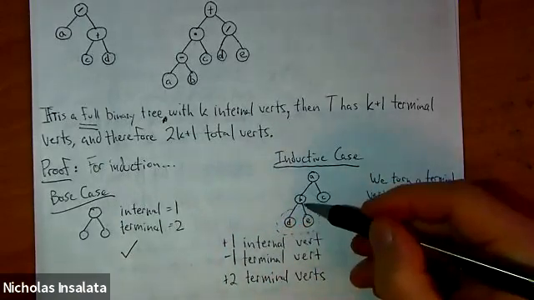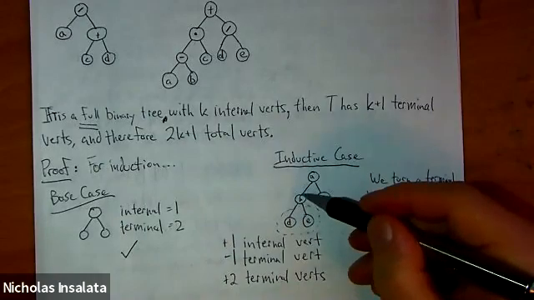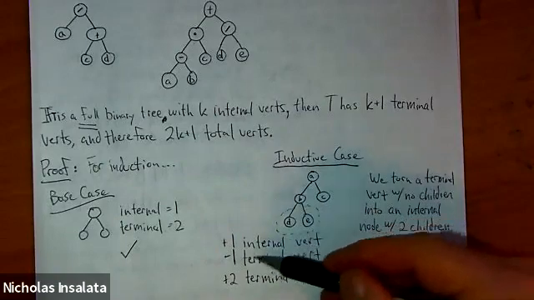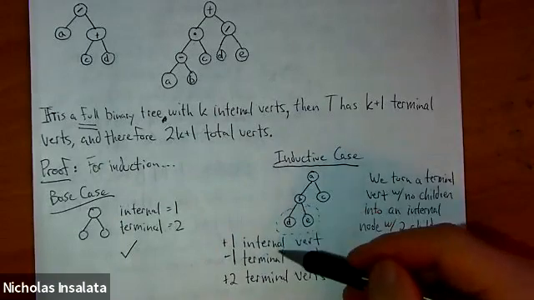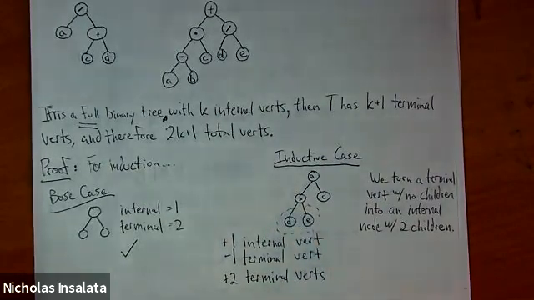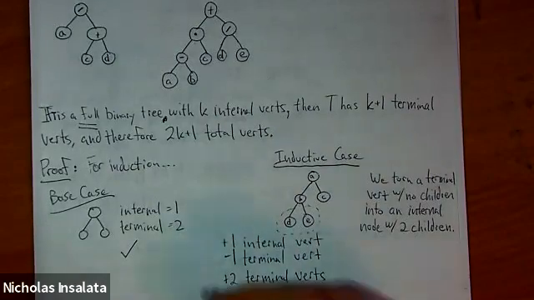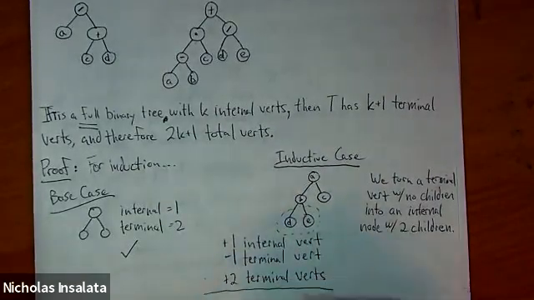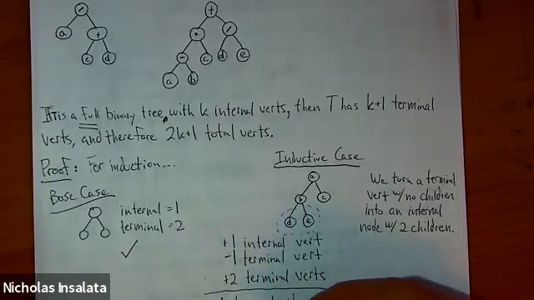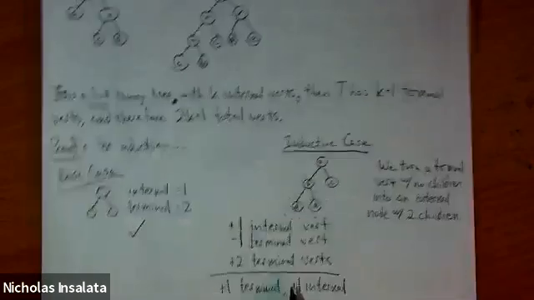So vertex B becomes internal, so that adds 1 to the internal count. Vertex B is not terminal anymore, so that subtracts 1 from the terminal count. And then we add 2 to the terminal count because we have to add 2 children to B, right? So in total, we have +1 terminal and +1 internal. They grow at the same rate.